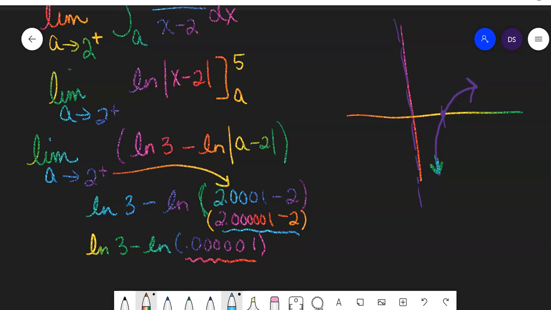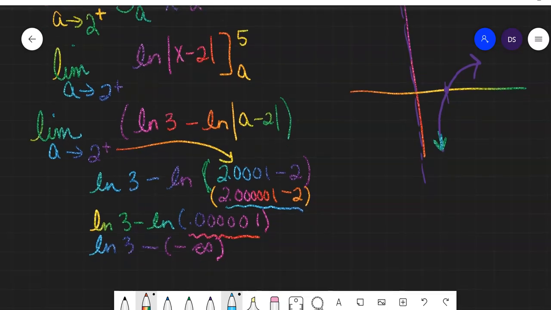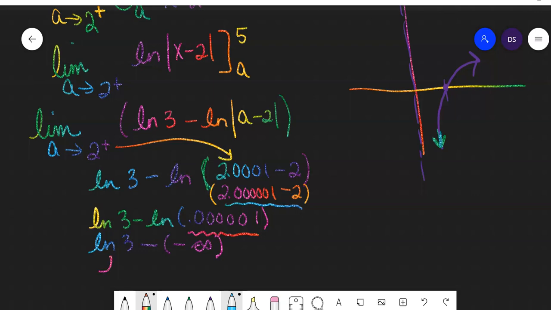Well, hopefully you see they're approaching negative infinity. So we'll have natural log of 3 minus negative infinity, which would become natural log of 3 plus infinity, which would just be infinity.